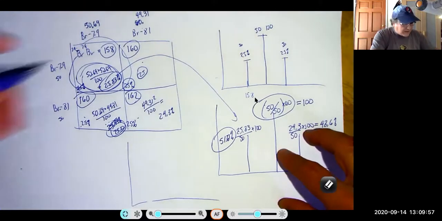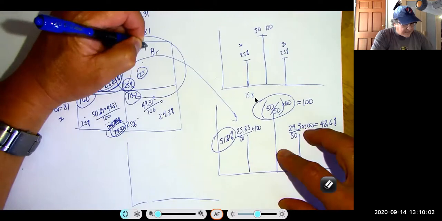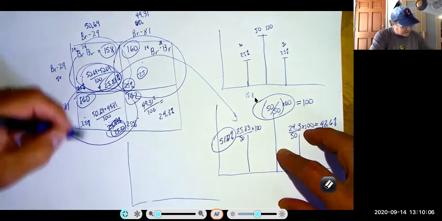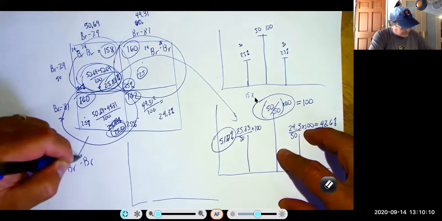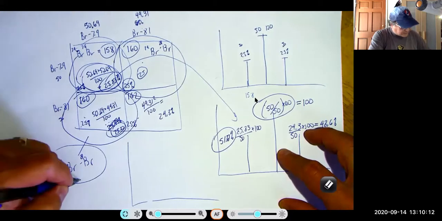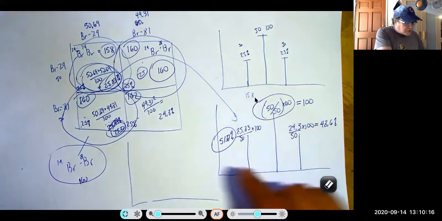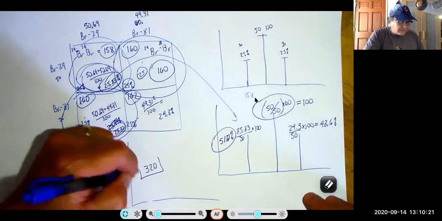But this guy right here is a bromine 79 and a bromine 81. This guy right here is a bromine 79 and a bromine 81. This guy weighs 160. This guy weighs 160. And you'll notice we did not double up and say it weighs 320. Are you with me there?